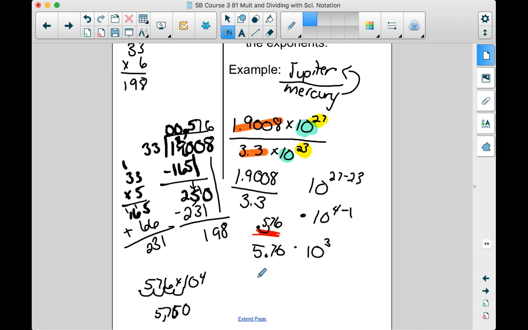So now if I put this back into scientific notation, 5,760, I move my decimal 1, 2, 3 times to get my decimal between 5 and 7 to make my coefficient between 1 and 10. That's how I got my exponent of 3, because I moved it 1, 2, 3 place values.